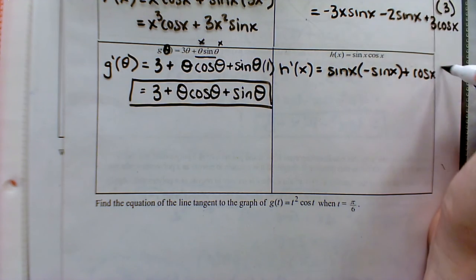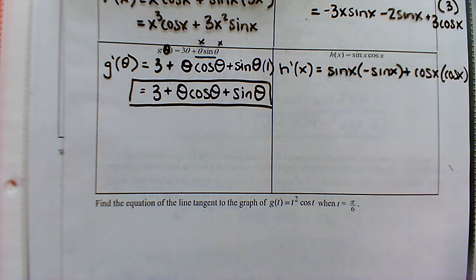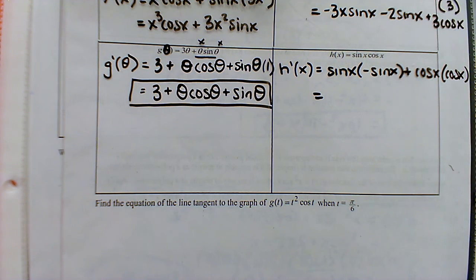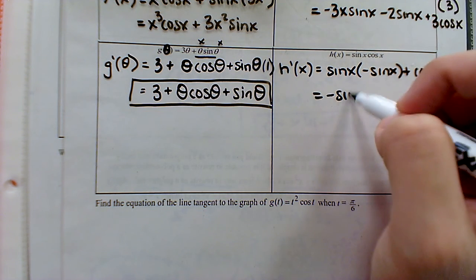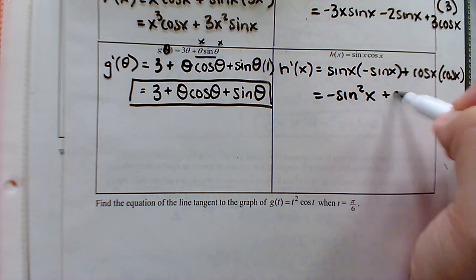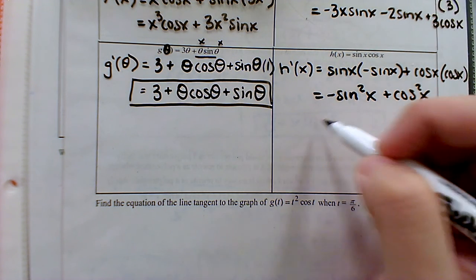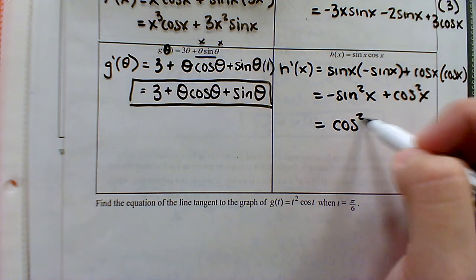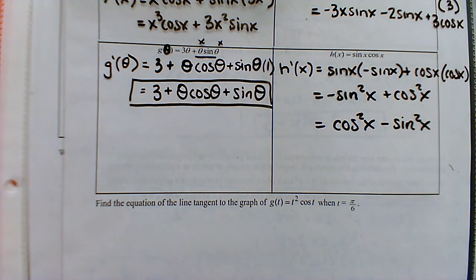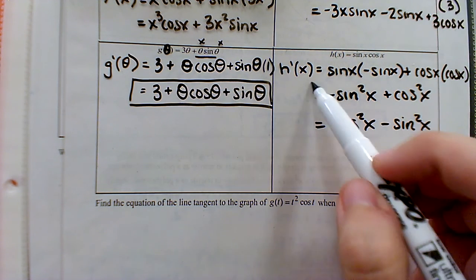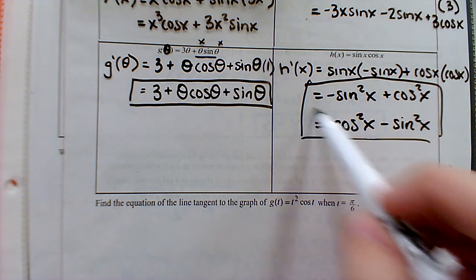All right, 1d2 plus 2d1. Can we clean it up? Yeah. Okay, so this would be negative sine squared plus cosine squared. Vinny flipped it though, he just reordered it. He put the positive cosine first and the negative sine squared second, either one. Okay, so I'd say both of those are pretty good.